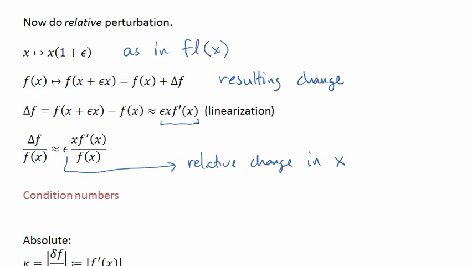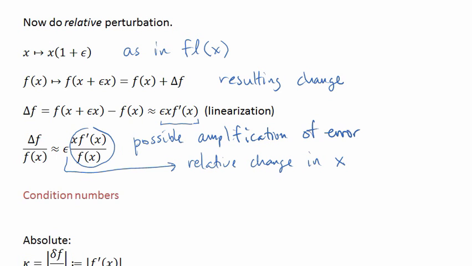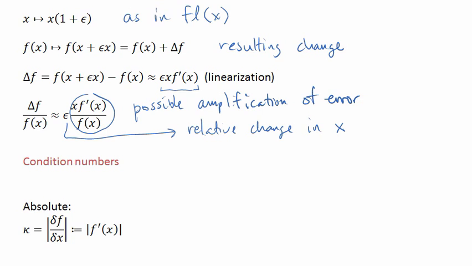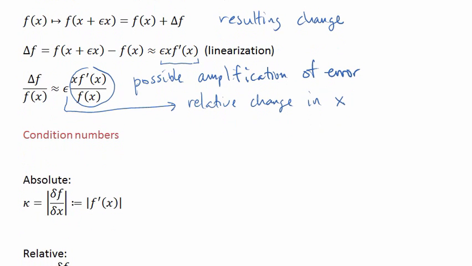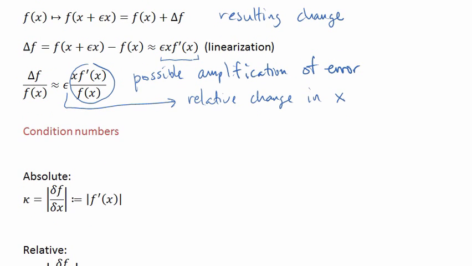However, there's this other stuff that describes maybe some sort of possible amplification of the error. And it's that stuff that we're interested in, that's sort of telling us when we might run into trouble when we do floating point arithmetic.